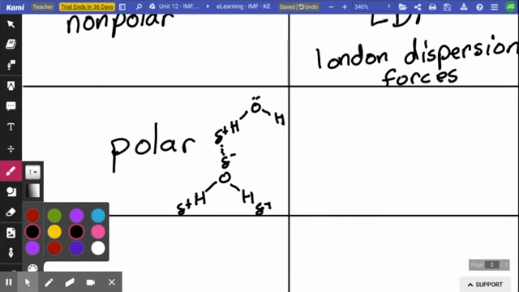So I've got a hydrogen bonding with an oxygen. Thinking back at our rules, hydrogen bonding occurs when a hydrogen bonds with a nitrogen, an oxygen, or a fluorine. In this case, it would be a hydrogen bonding with an oxygen, which makes this a hydrogen bond.